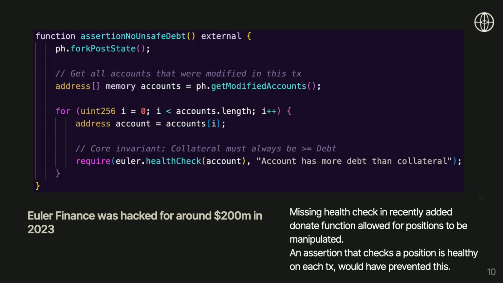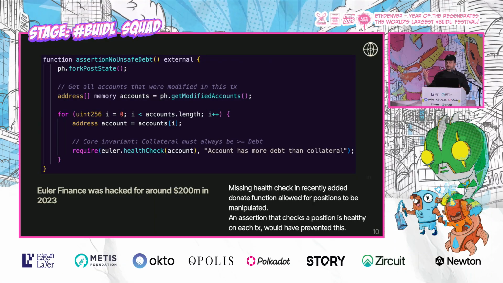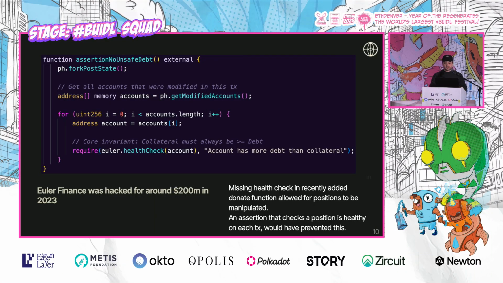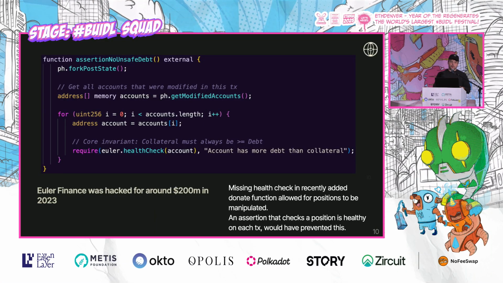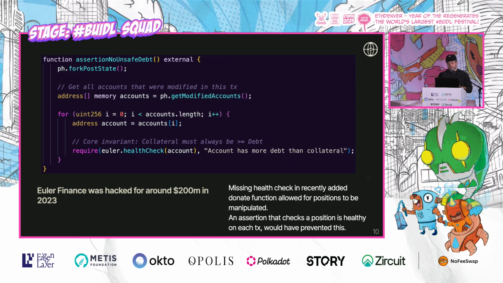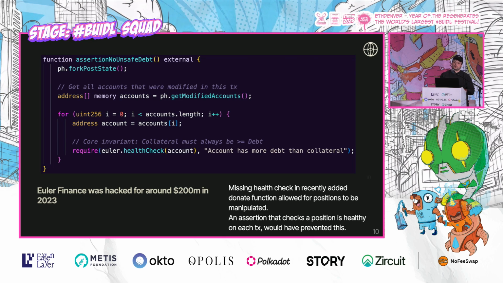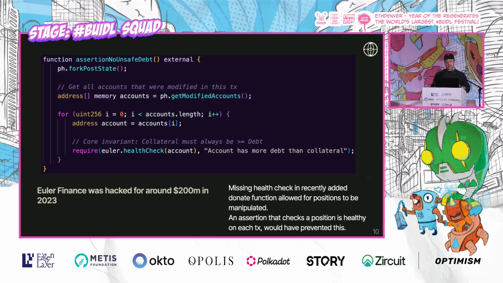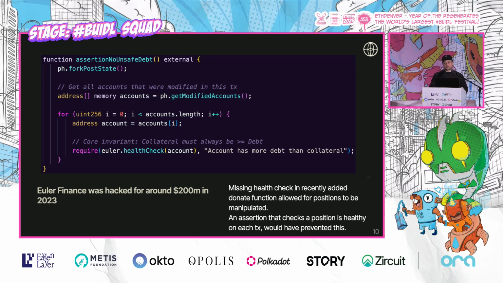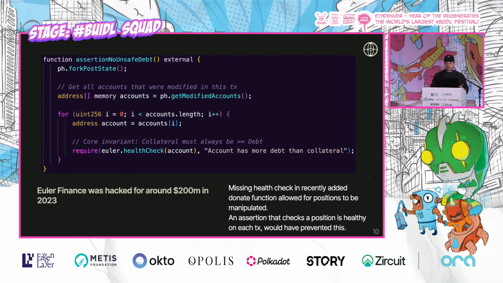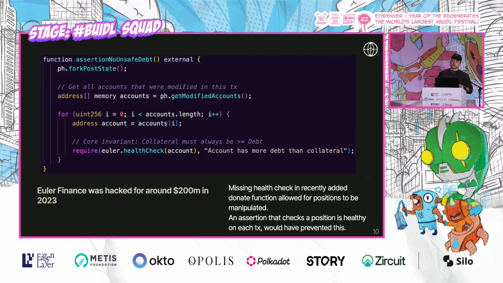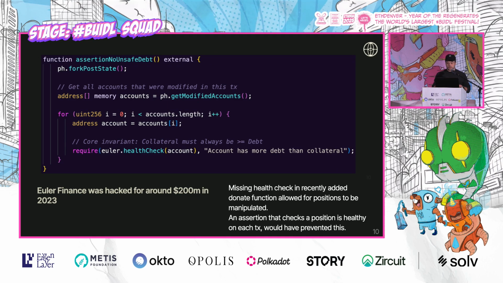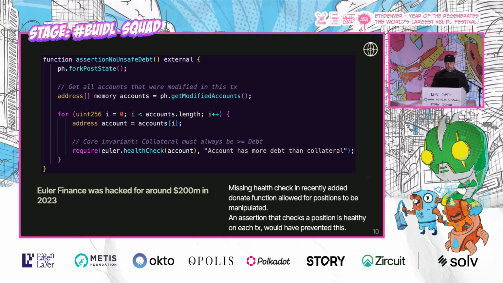So what does an actual assertion look like? It's a small code snippet like this. In this case, this is an example that we could have used to prevent the Euler Finance hack back in 2023. What happened was that they introduced a new function called donate into their protocol. And this function did not have a health check. So it didn't check if by donating, some positions got underwater.